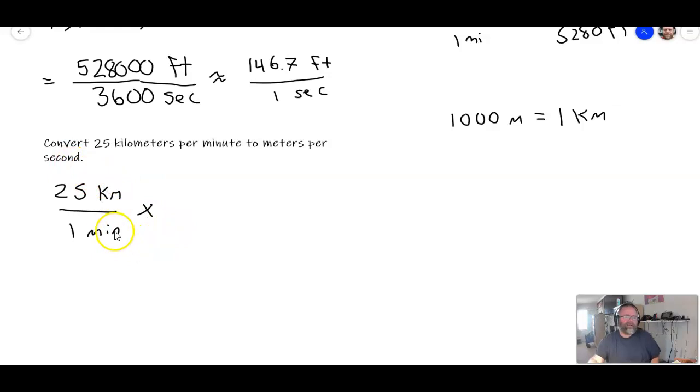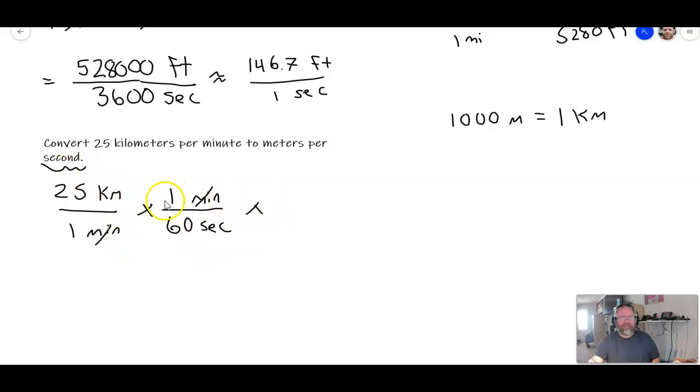So you can do either one. This time I'm going to do the minutes to seconds. So since I have a minute on the bottom here, I'll want the minute on the top. So I know that 1 minute is equal to 60 seconds, right? And therefore, since I have one on the top, one on the bottom, I can cancel those out. Now I have seconds, which is what I wanted here, so we're good.